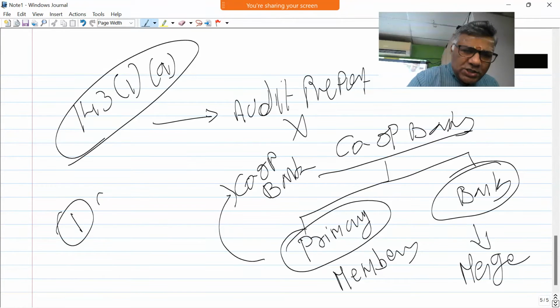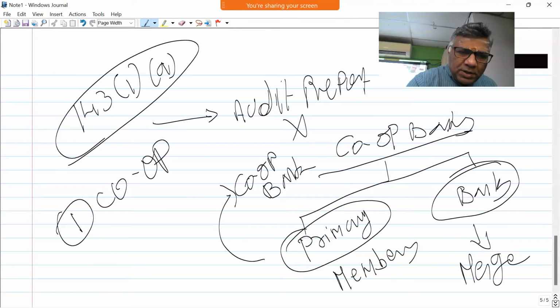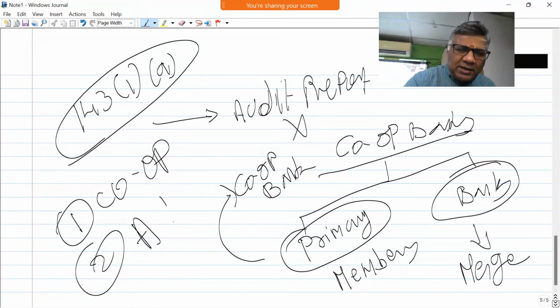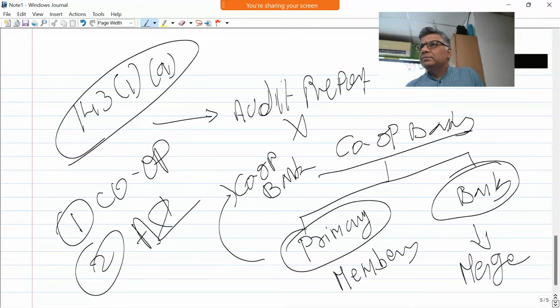One is cooperatives, second is Air India or LIC, which the government calls strategic disinvestment. The majority of the amendments pertain to these two things.